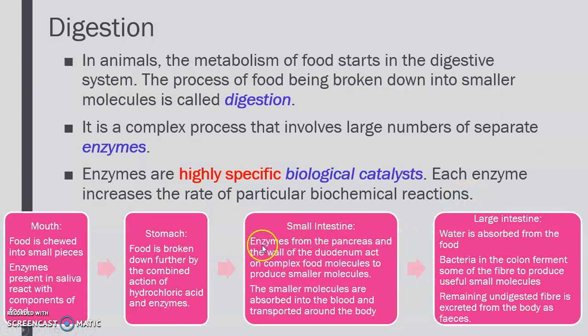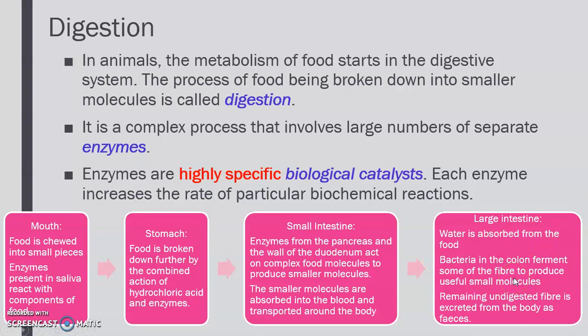Then in our small intestine, the enzymes from the pancreas and the wall of the duodenum act on those complex food molecules to produce even smaller molecules. Those smaller molecules are then absorbed into the bloodstream and transported around the body. If they don't get transported into the bloodstream in the small intestine, they reach the large intestine, where water is absorbed from the food, and bacteria in the colon also ferment some of the fiber.